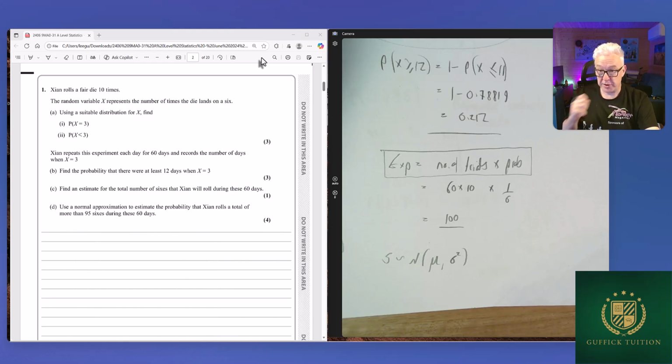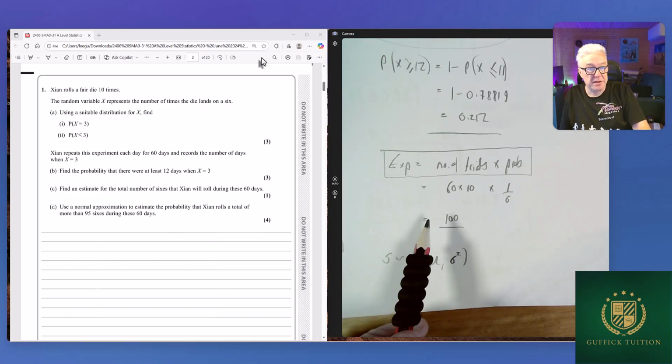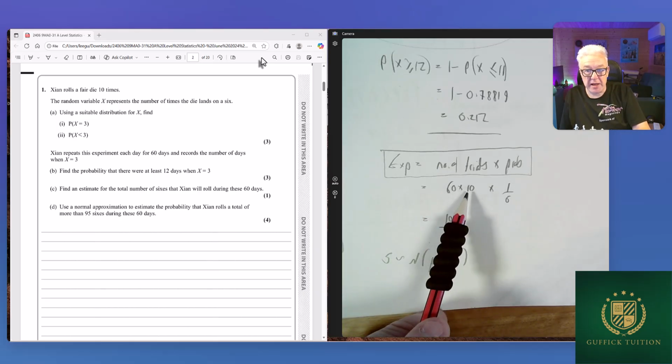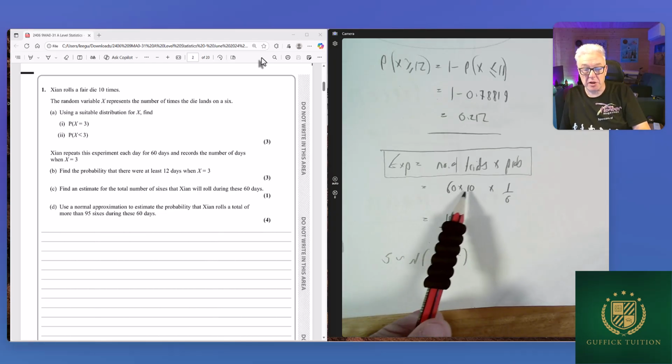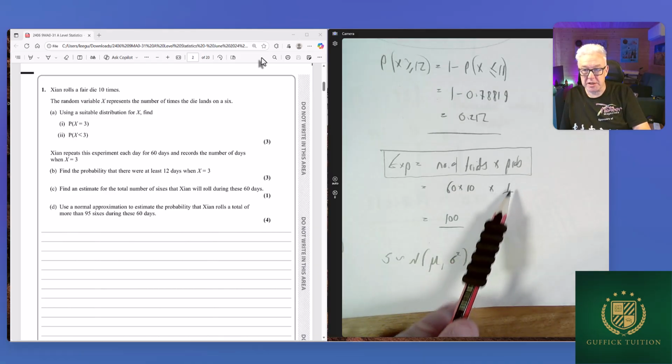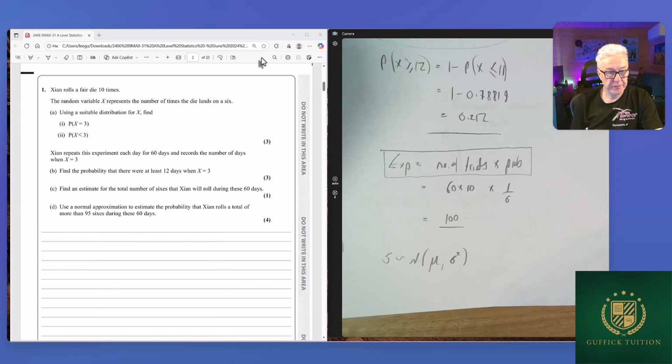The number of trials: 𝗀 rolls a dice 10 times each day, and it's repeated for 60 days. So therefore it's going to be 600 rolls of the dice. The number of trials is 600, the probability is 1/6. So 600 times 1/6 is 100.